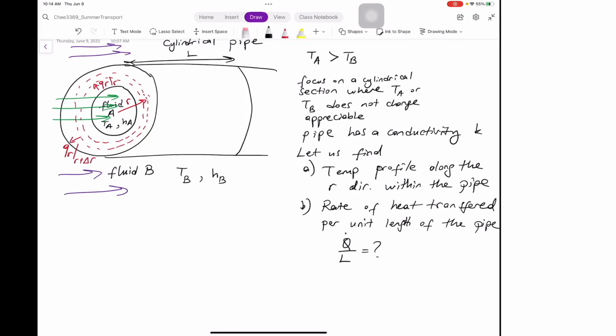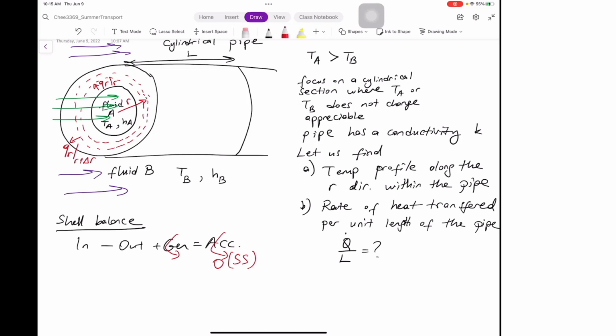And if you do the shell balance, you're all familiar with in minus out plus generation is equal to accumulation. Let's imagine that it's steady state, so it's 0. And let's imagine that there is no heat generation within the pipe.